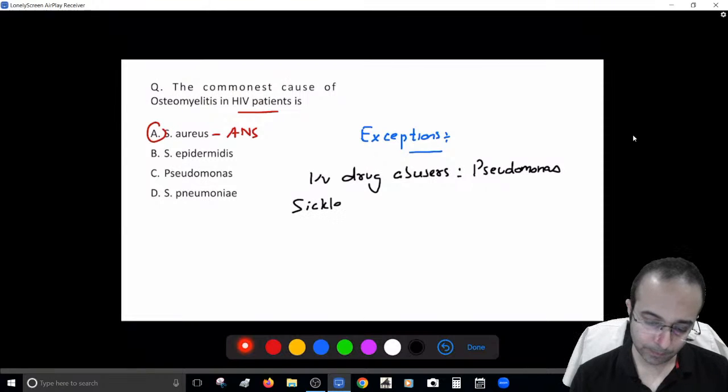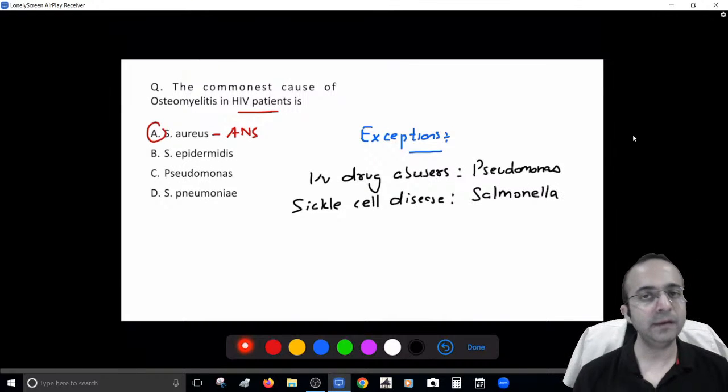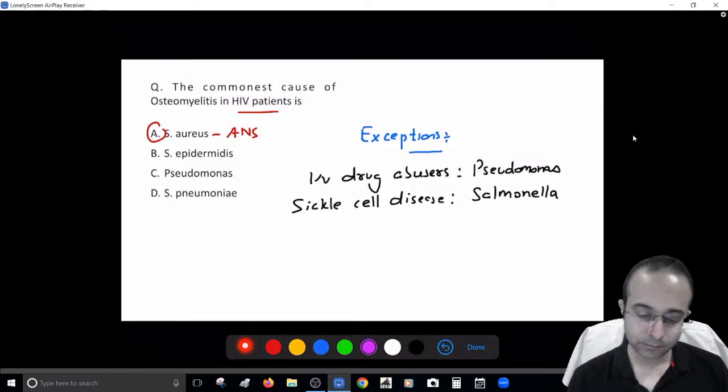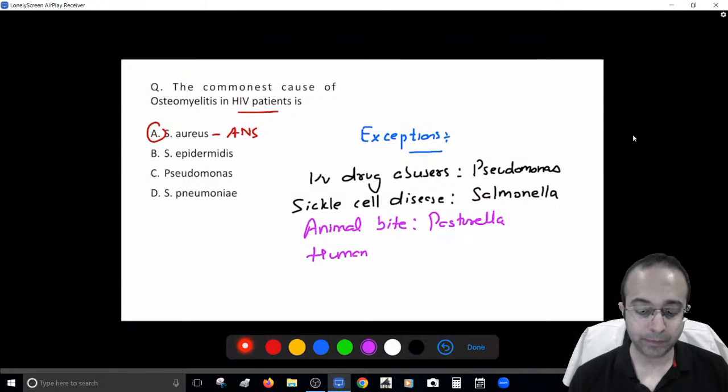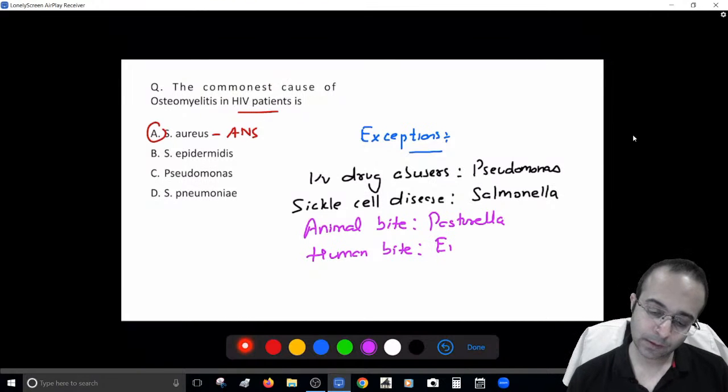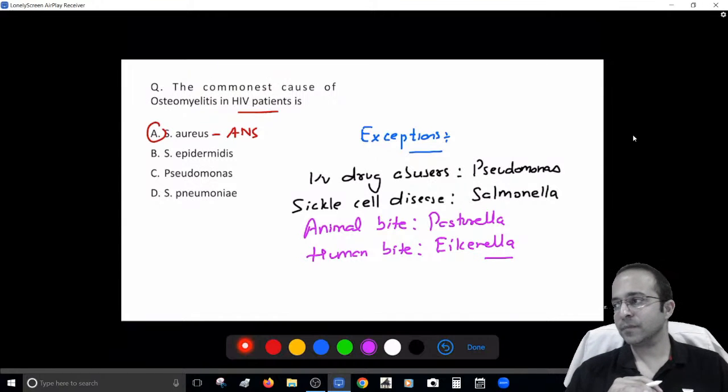Now people who have the sickle cell disease, the cause would by and large in these people be Salmonella. The people who've had animal bite, the commonest cause would here generally be Pasteurella. And people who tend to be the unfortunate cases of human bite, even that happens, the commonest cause would here be taken generally to be Eikenella.